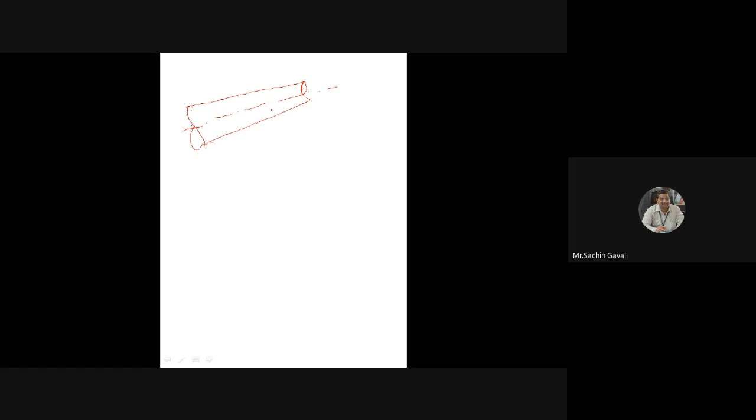For this pipe, let us consider this section 1-1 and another section 2-2. At section 1-1, what is given? Diameter D1 is equal to 0.2 meter, since 20 centimeter means 0.2 meter.